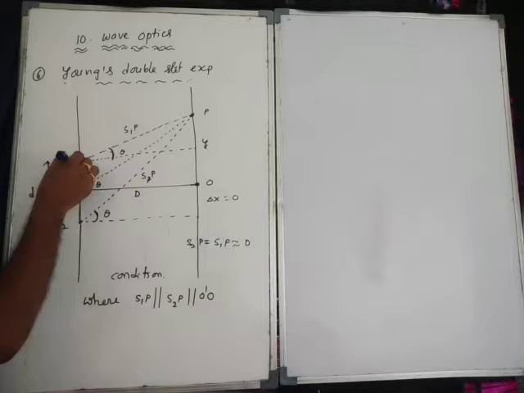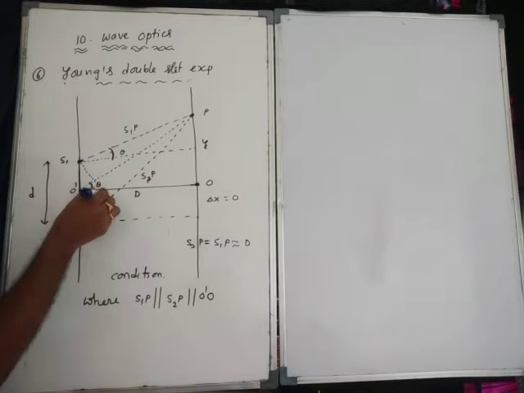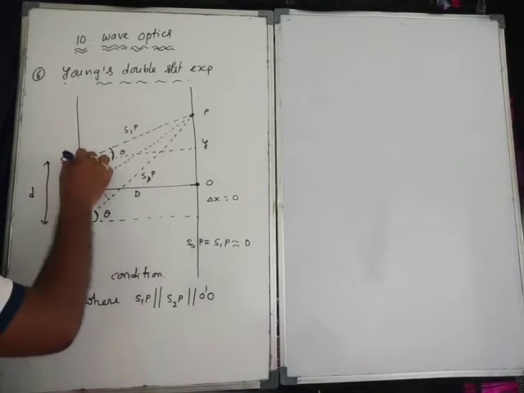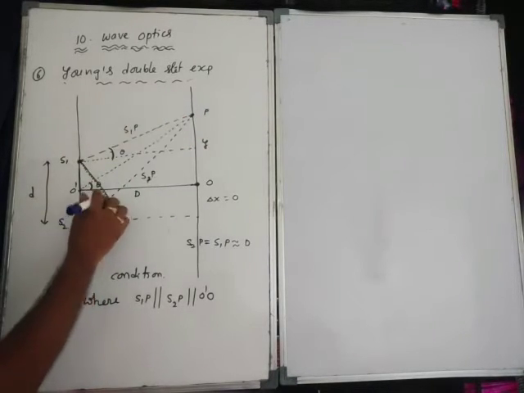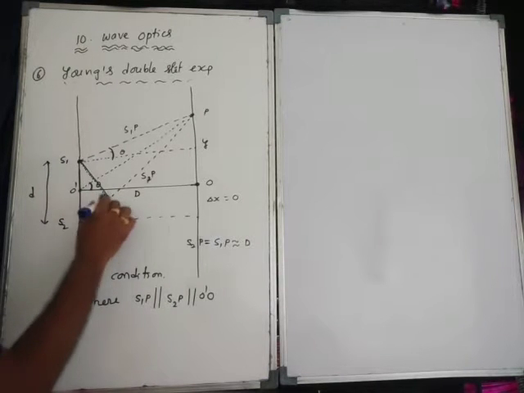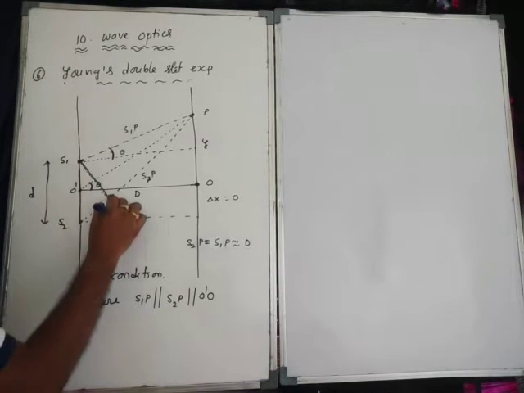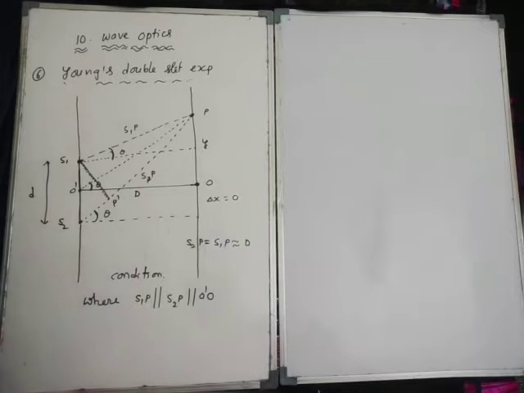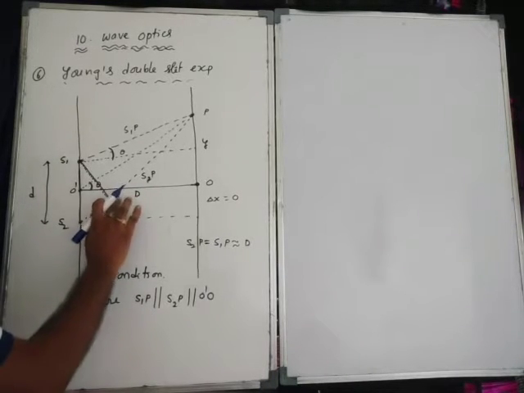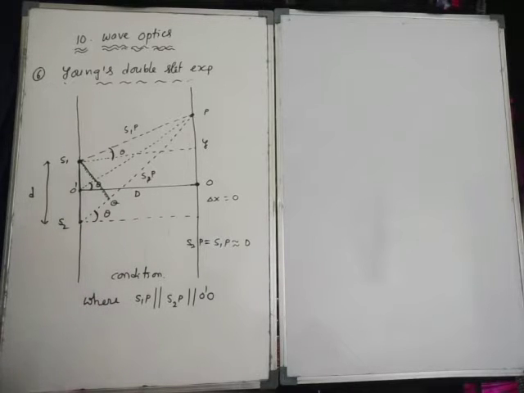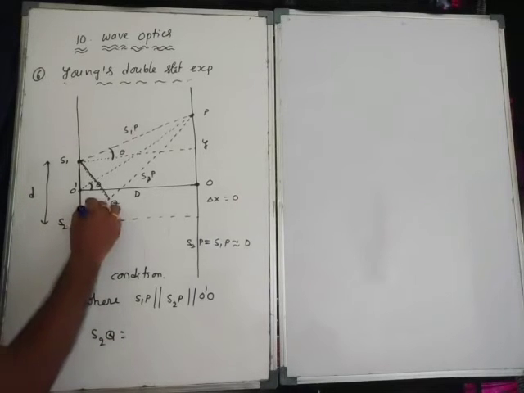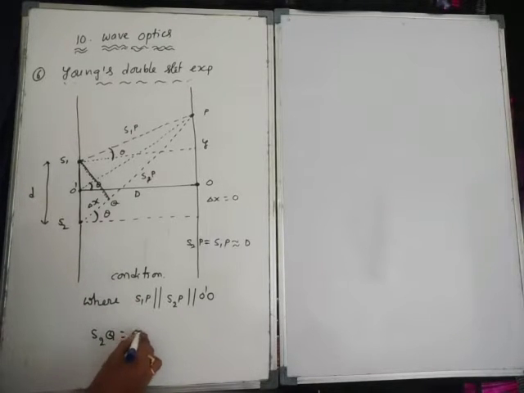Okay, now the path difference. This is the path difference from S1 to P. Here I will mark the point P dash, or else call it Q, where S2Q is the path difference, which I will call delta x.